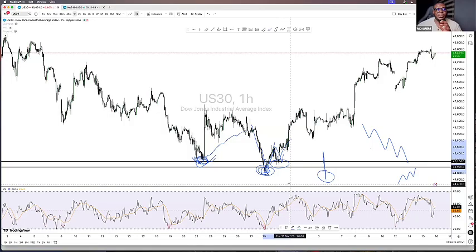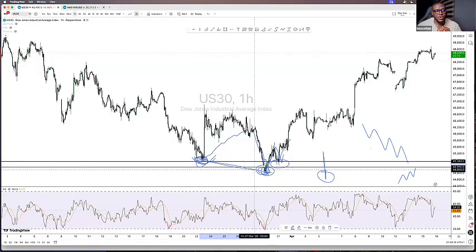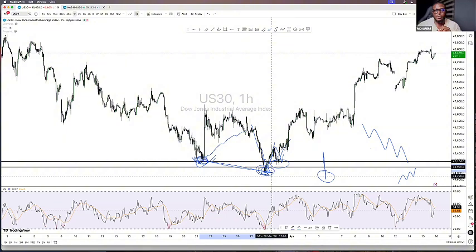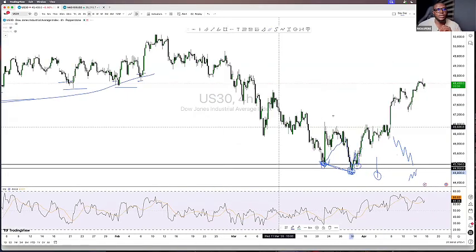Now, this is how you use the RSI to gauge this. What you want to use the RSI to gauge is what I call the divergence curve. So you want your RSI to be making the opposite of what your chart is making. Here we had a low here, and then we had another low here. When you go to your 4-hourly time frame, you see it clearly.